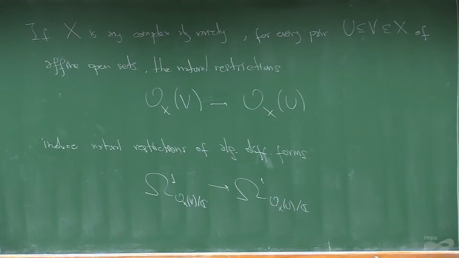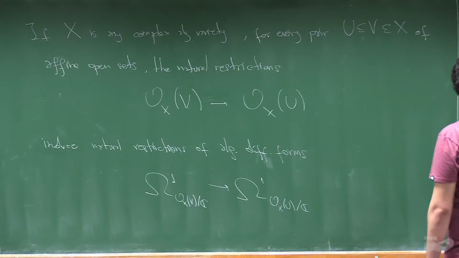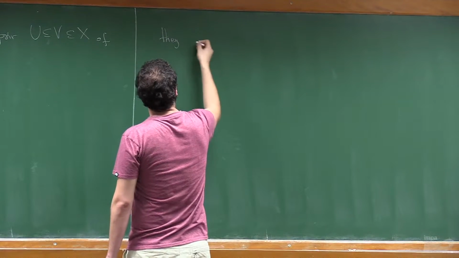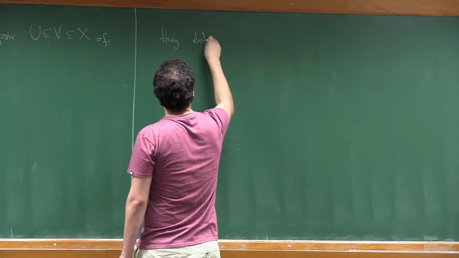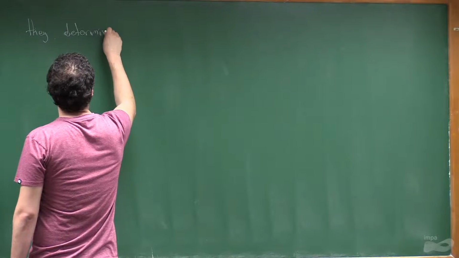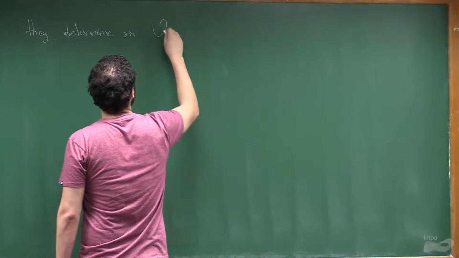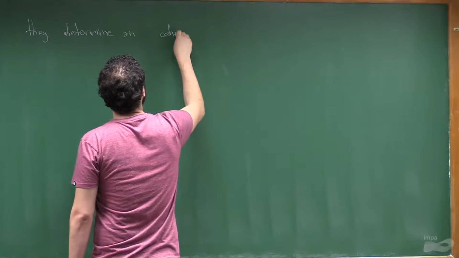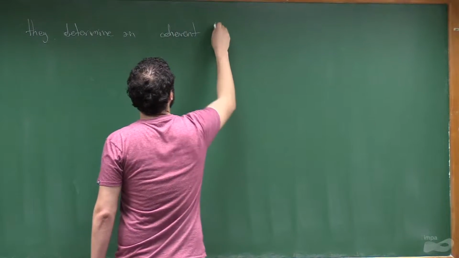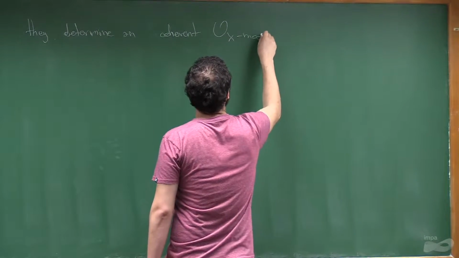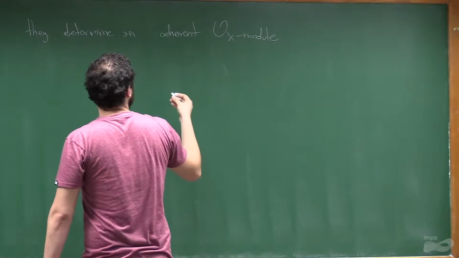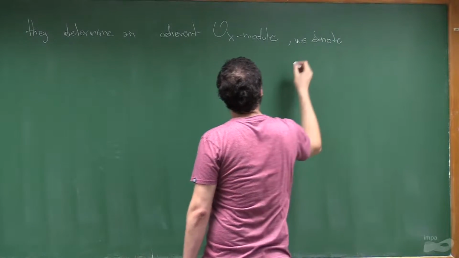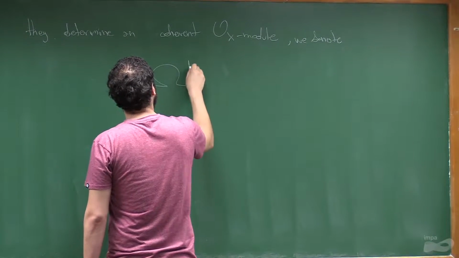Right, and so using these restrictions, you can define a sheaf. In fact, they determine an algebraic sheaf, a coherent O_X-module of algebraic differential forms that we denote by Omega^1_X.